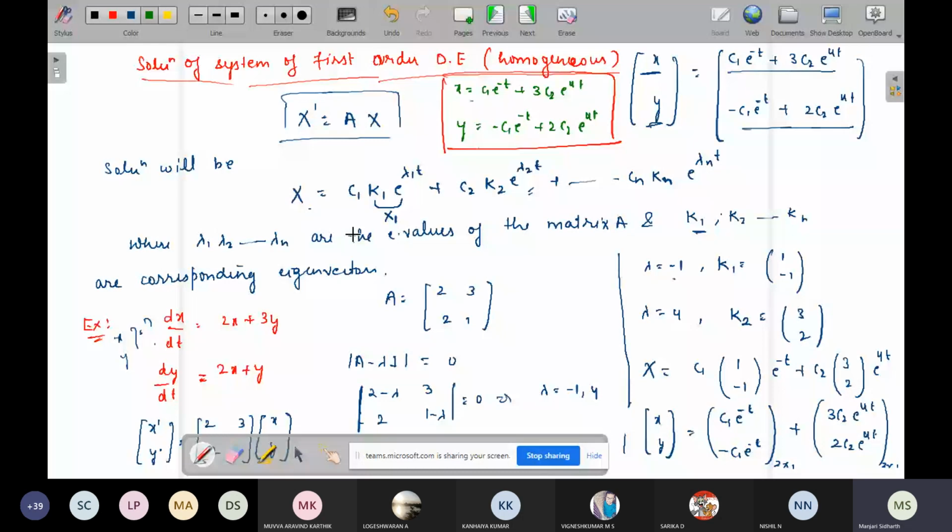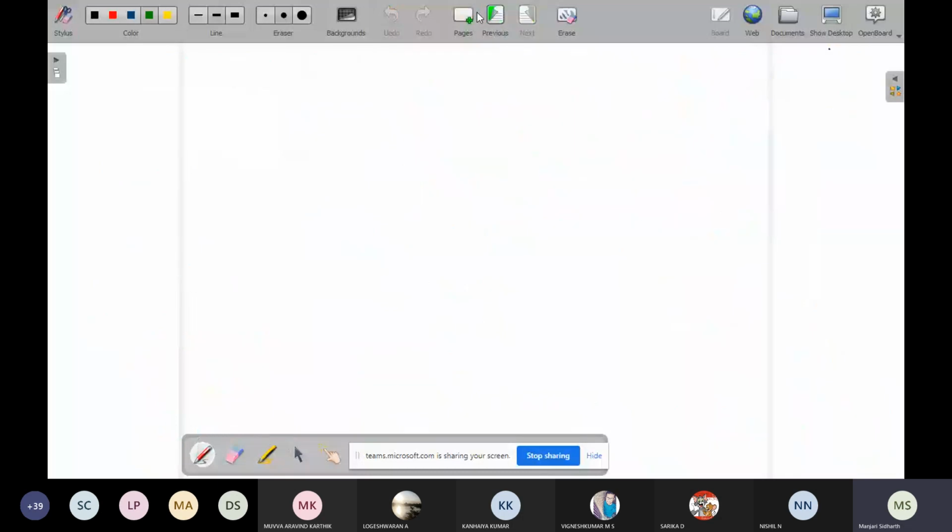One question I'm giving you for practice that you need to solve: dx/dt. First see, the independent variable is t. If it is not containing any function of the independent variable, then it will be homogeneous. Students are getting confused about what is homogeneous and non-homogeneous in this, so I am explaining in a very simple method.